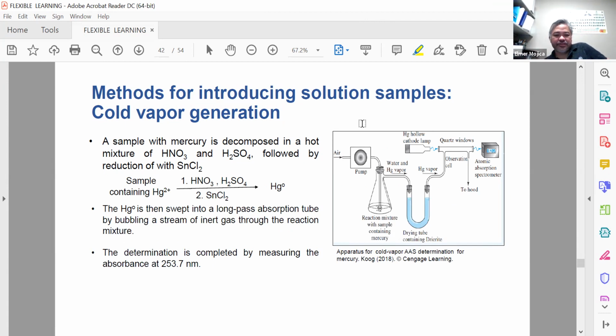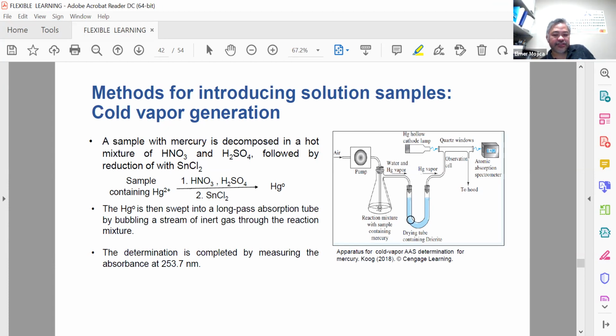A sample of mercury is decomposed in a hot mixture of nitric acid and sulfuric acid, followed by reduction with tin chloride. So there's an air, there's a pump, and a reaction mixture with the sample containing the mercury, and then the water and the mercury vapor.